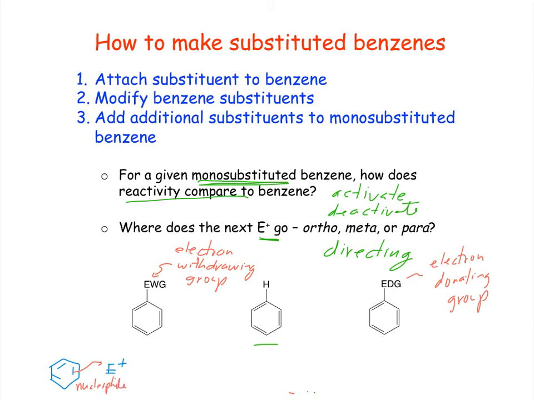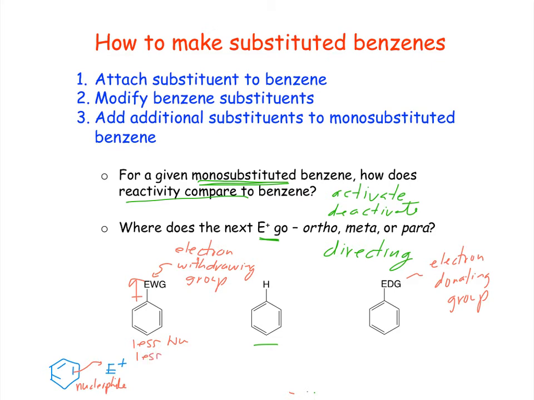So is it going to be more or less nucleophilic if you have something that's withdrawing electron density from it? It would be less, right? So if you have an electron withdrawing group, it's going to somehow be withdrawing electron density from the ring. It's going to make it less nucleophilic.